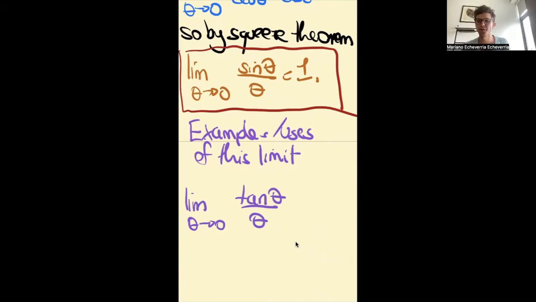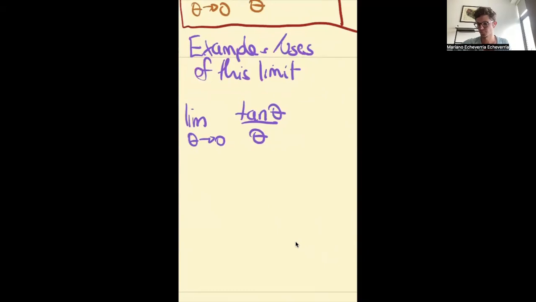So anyone remembers what tangent of theta is? Tangent of theta was sine of theta over cosine of theta. Yes.